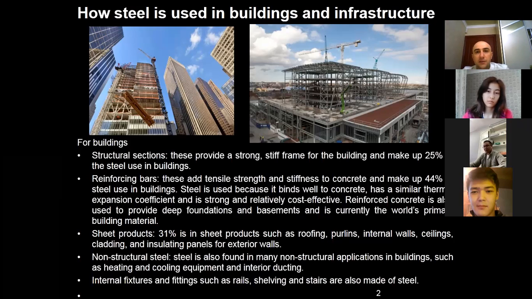Unique aspects of steel construction. The most important thing about using steel is that it can be fabricated off-site. At the beginning of our lecture, I told you that one of the advantages is fabrication.